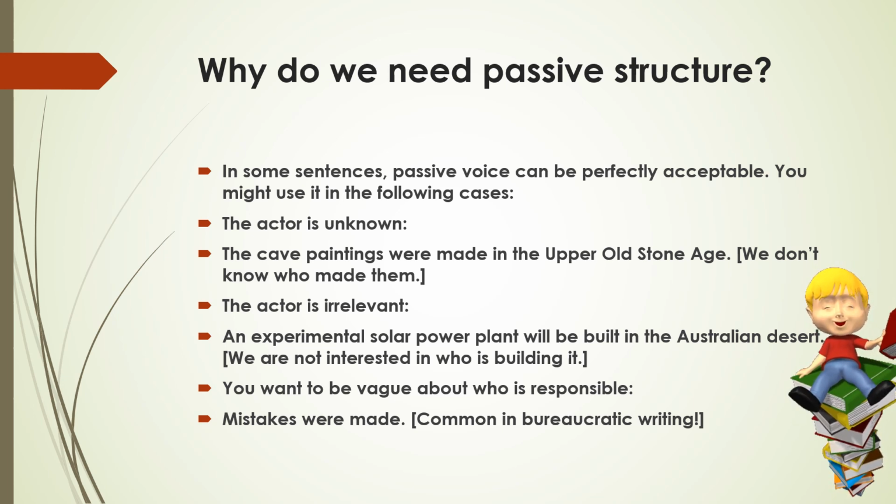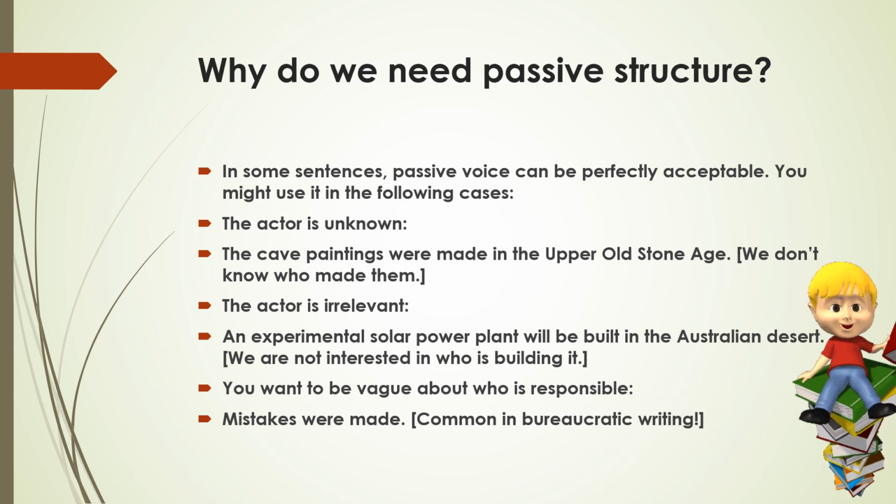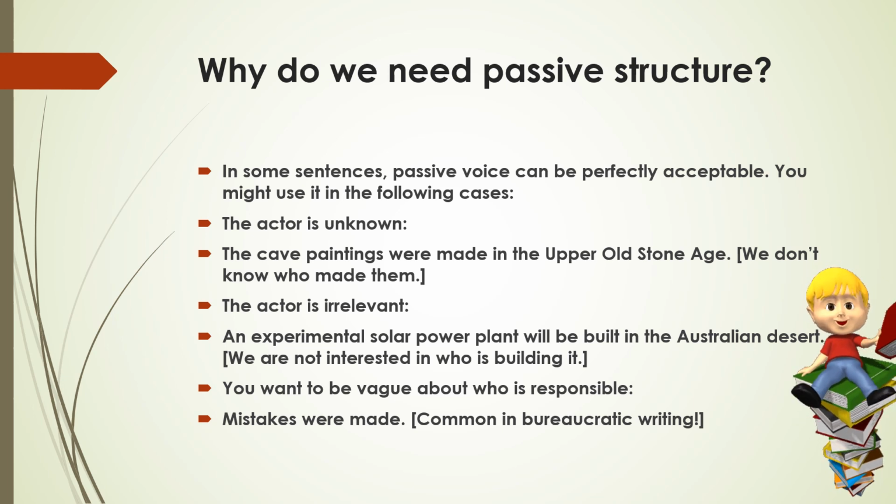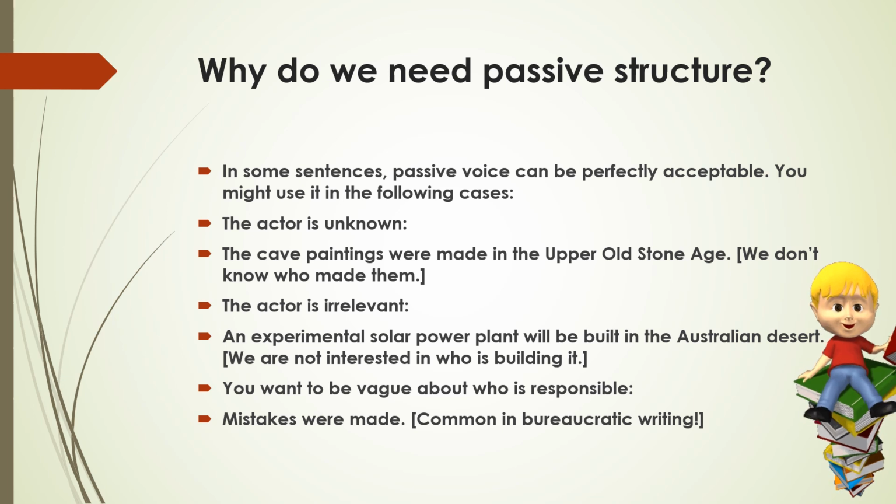We don't want to mention the actor. For example, an experimental solar power plant will be built in the Australian desert. So we are least interested in who is building it.